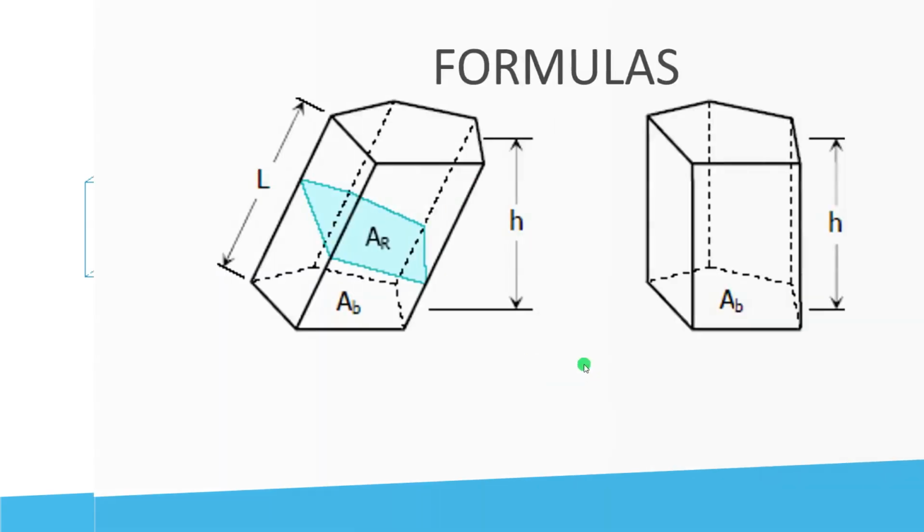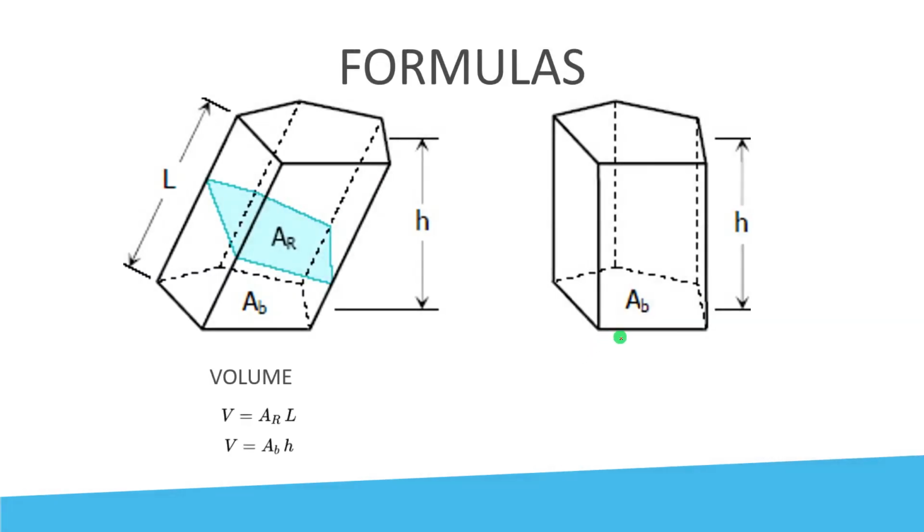So what is the formula for computing the volume? We have here two prisms. This one is an oblique prism, and the other one is a right prism. As you can see, a right prism is one where the base has perpendicular lateral sides or lateral faces.